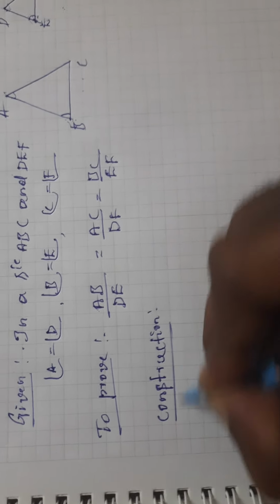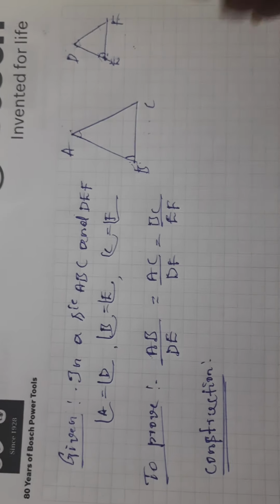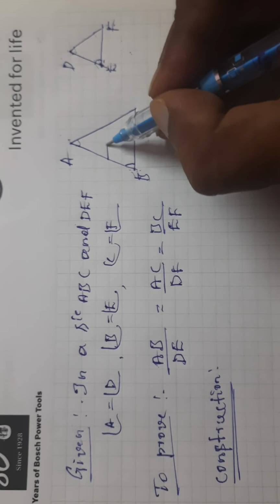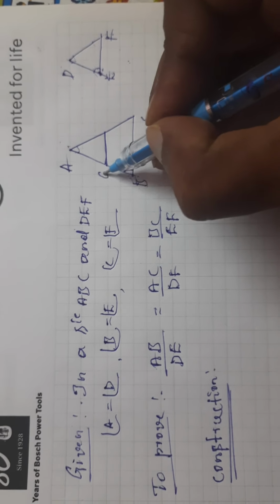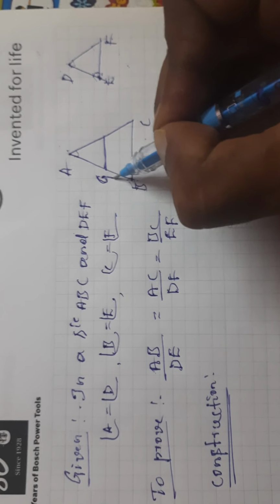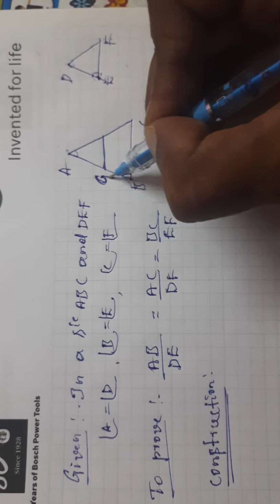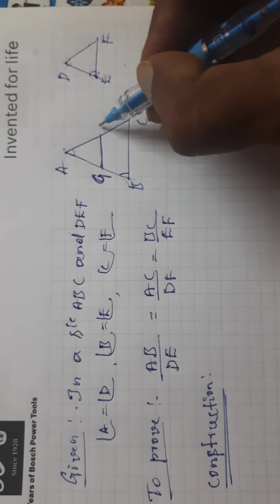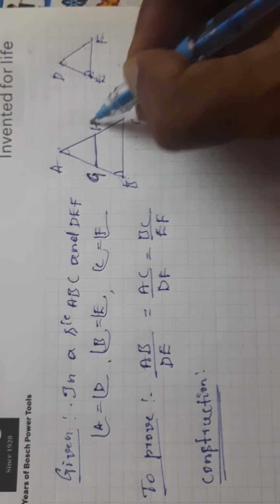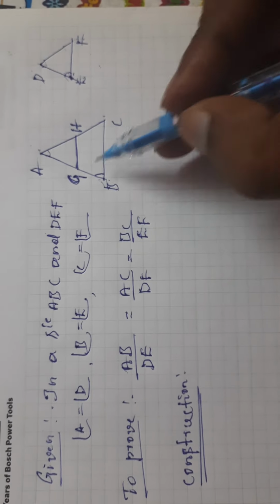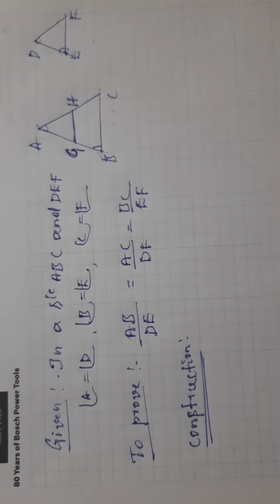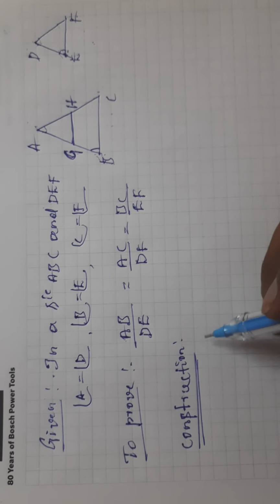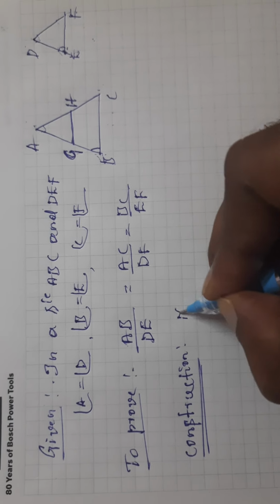We need to construct: draw a line parallel to BC, that is, mark G on AB and H on AC, so that GH is parallel to BC.